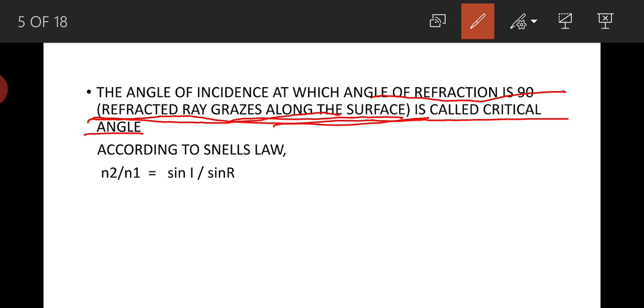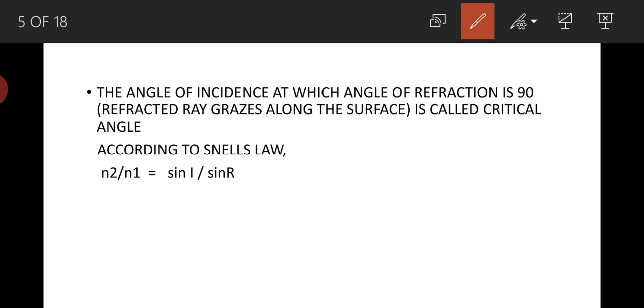According to Snell's law, we know that n2 by n1 is equal to sin i by sin r. At the critical angle, i is equal to C and r is equal to 90 degrees.